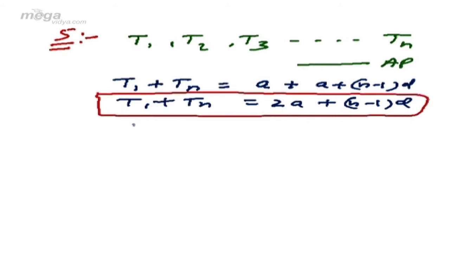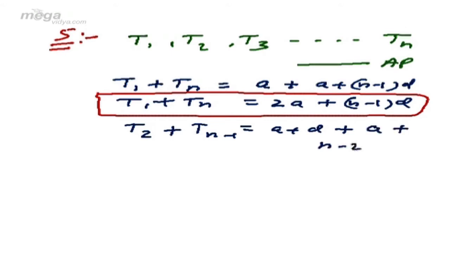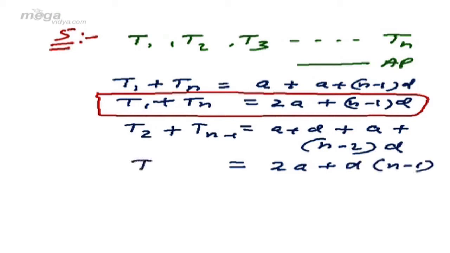But if you take T2 plus Tn minus 1, that is the second last term, this will also be 2A plus n minus 1 into D. You know already T2 is A plus D, and Tn minus 1 will be A plus n minus 2 into D. It becomes 2A plus D, you can take common, and in that case you get D into n minus 1.